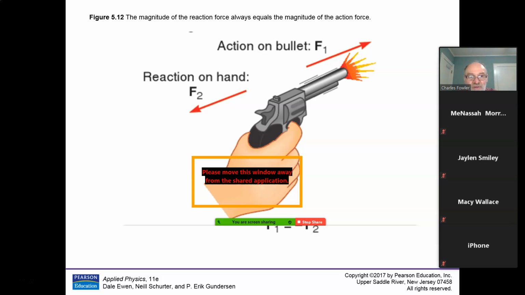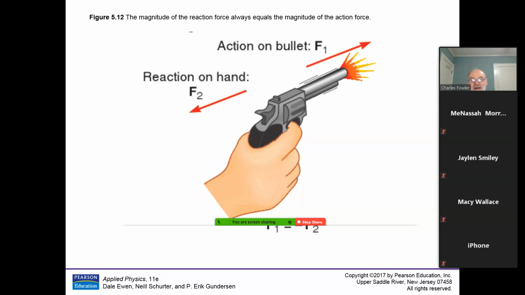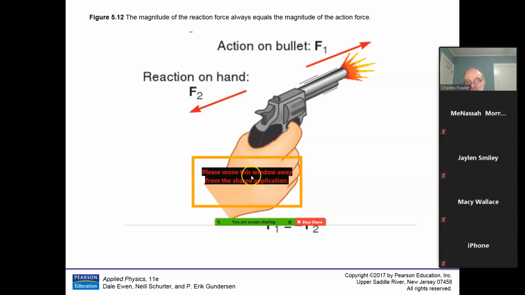I couldn't make out what you were saying. I'm sorry, I lost service, so I had to reload. Oh, you lost service. Got it. And who's talking? Mika. Okay, welcome back, Mika. You can't see this, but there is a window that comes up, and anytime someone enters or leaves, it blocks it out and says, move this window away from the shared application. I can't move it, so when you come in, it blocks the name. That's why I couldn't tell.